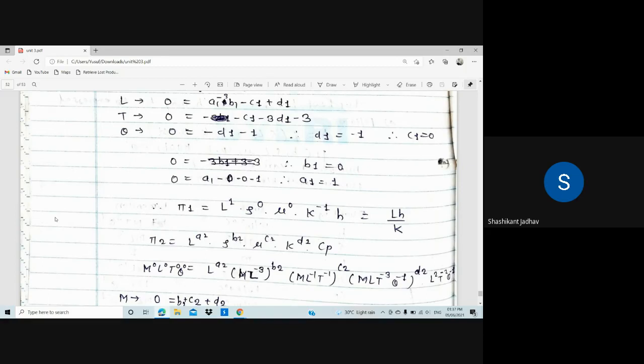So what is the value of a1, b1, c1 and d1? a1 is equal to 1, b1 is equal to 0, c1 is equal to 0 and d1 is equal to minus 1.